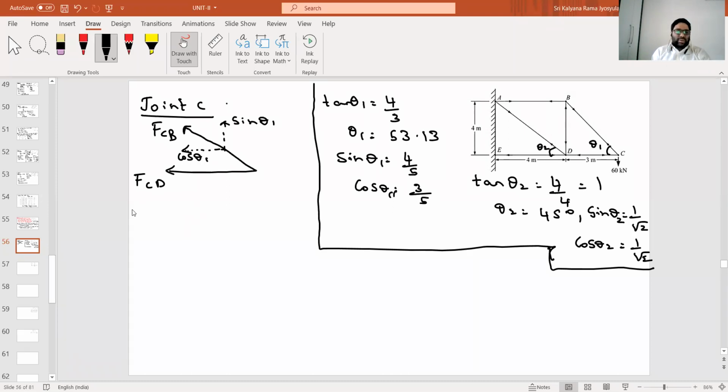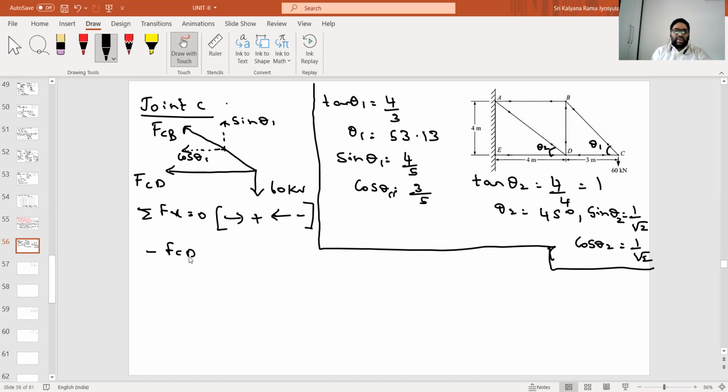We also have the 60 kilonewton load downwards. Sigma Fx is equal to 0, which means this is positive and left side is negative.